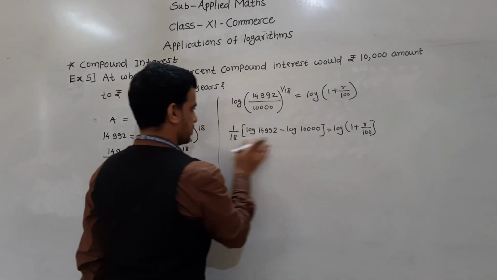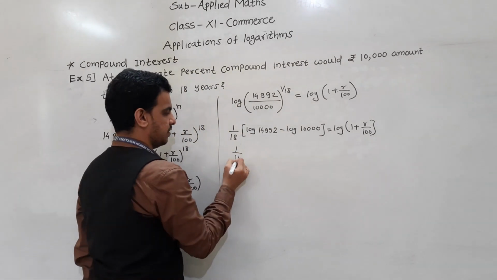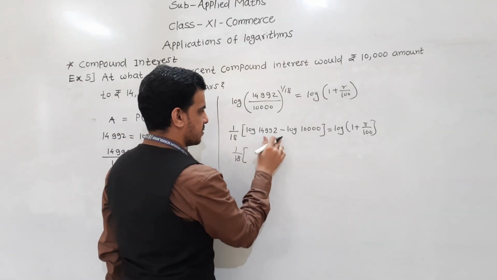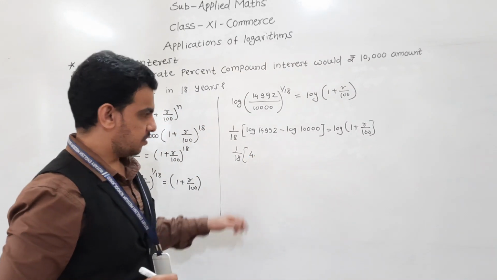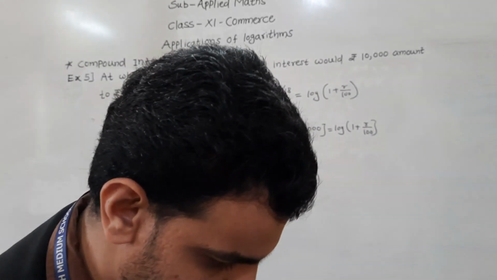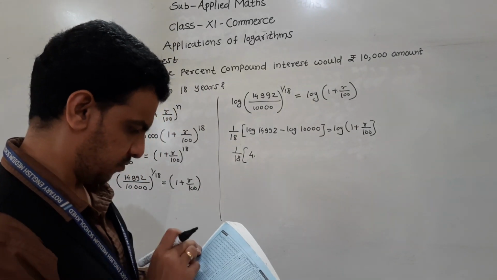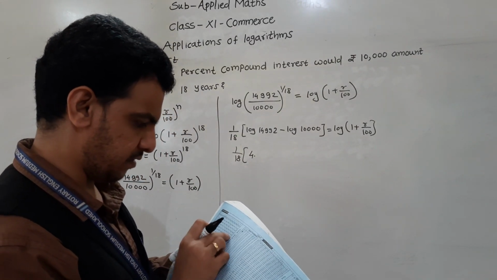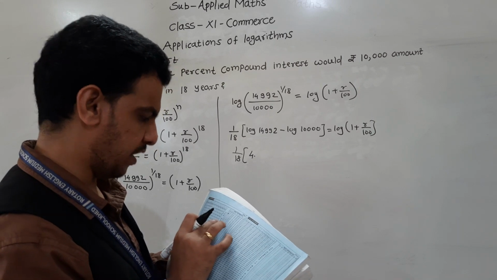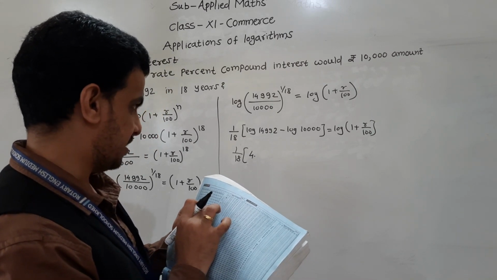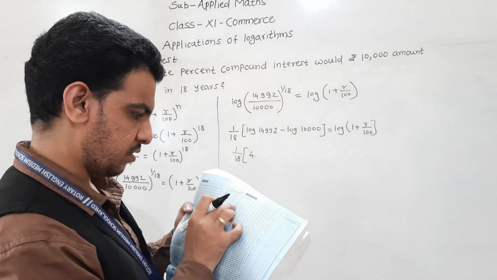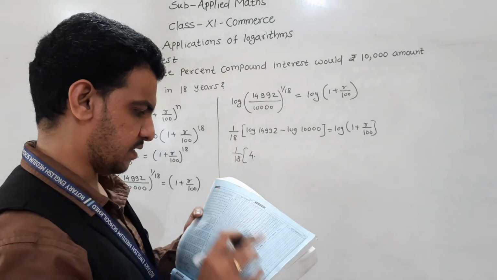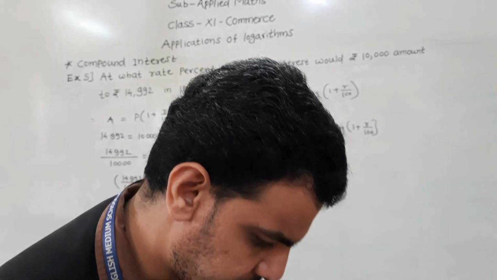I am simplifying this LHS. So 1 by 18. Here characteristic is 4, so 4 point. In 14th row, column headed by 9, it is 1732, and next is 9, so 1732 and 28.